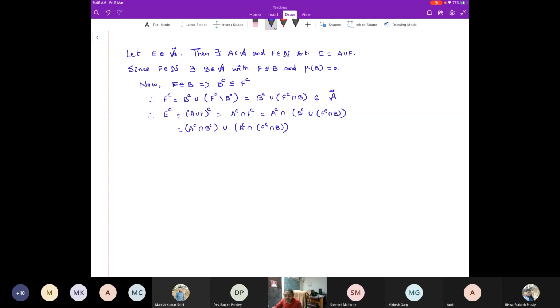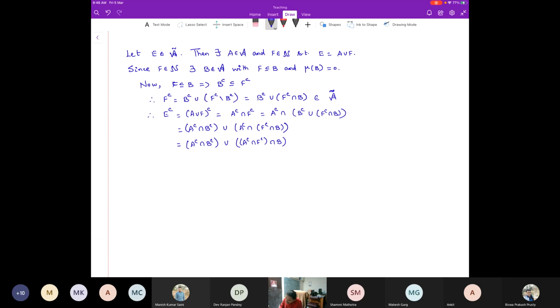Therefore, all its subsets are going to be inside script N. This set, A complement intersection with F complement intersection with B, is a subset of B and B has measure 0. Therefore, this whole thing belongs to script N.